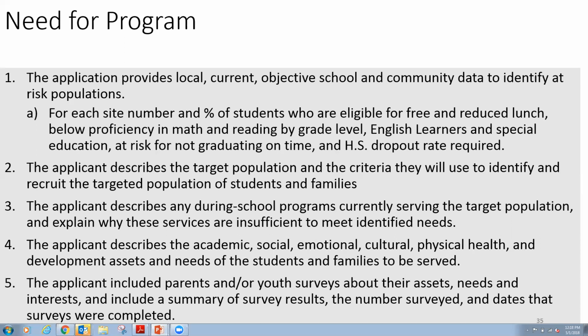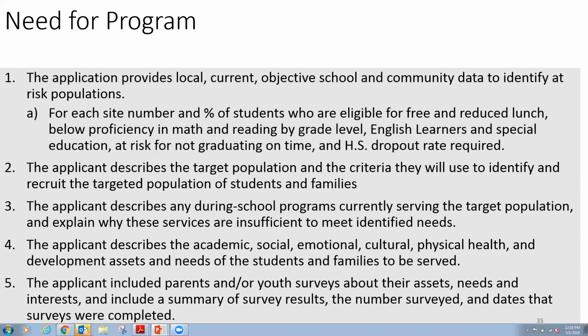This is different than who's eligible. This is who you are targeting. You need a specific set of criteria about how you're going to select, say, 100 students out of 250.